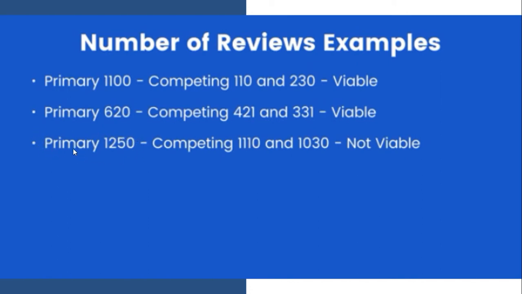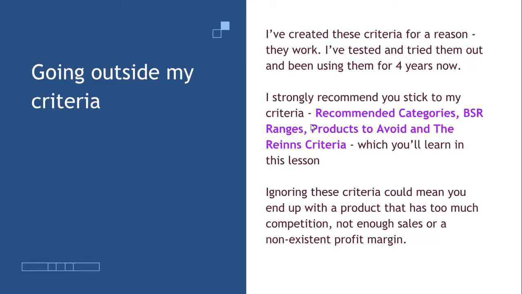It has very high reviews. But look at your first competing product, also very high reviews. Look at your second competing product, also very high reviews. So basically this is not a viable opportunity. So you forgo this and delete that product and look for another product which will have these figures you're seeing here. Okay, very, very important.